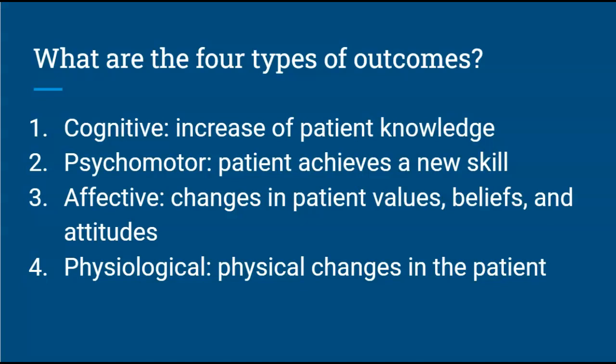And so those are just kind of some examples of outcomes. Physiological outcome would be by the end of the month, the patient will have lost 10 pounds. That is the physiological outcome.